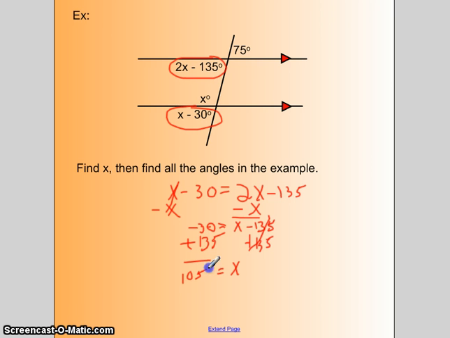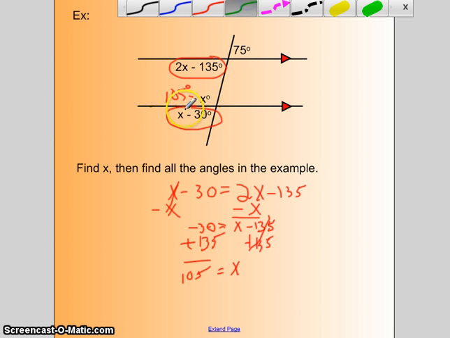So now that we have x, it should be pretty easy to figure out what all these angles are. Looks like 105 for this angle right here. That is just x. Alright, let's figure out what 105 minus the 30 is to give us the angle right below that.